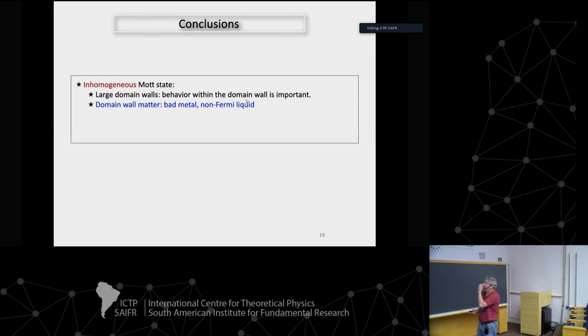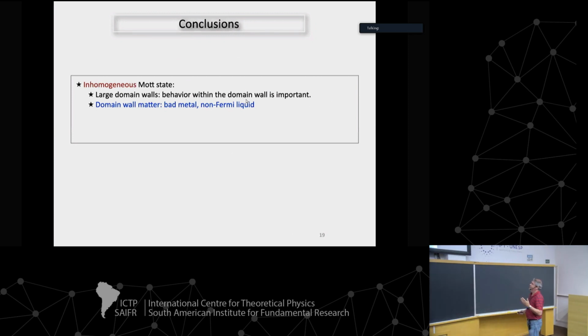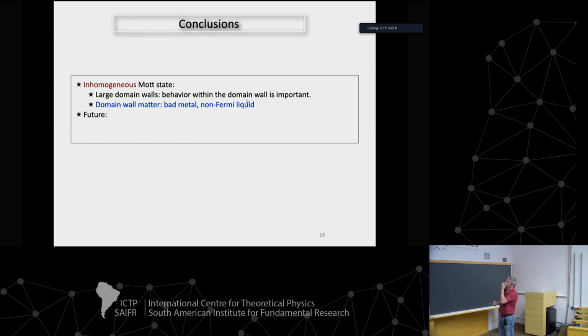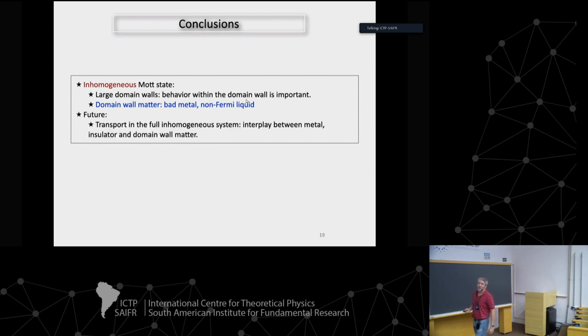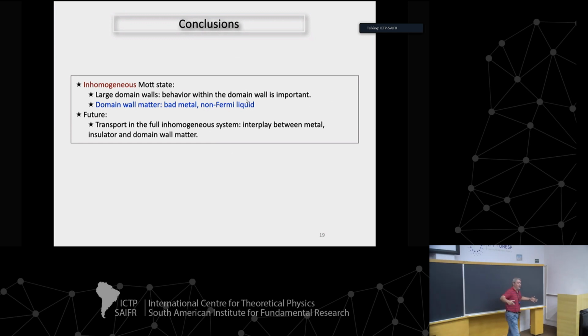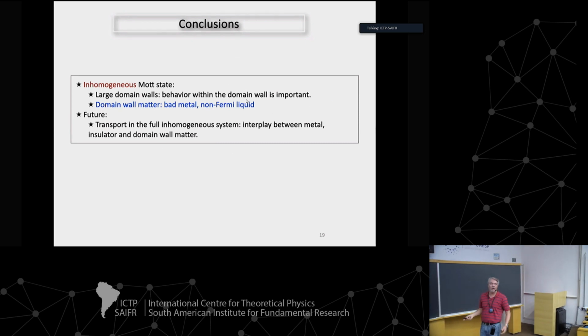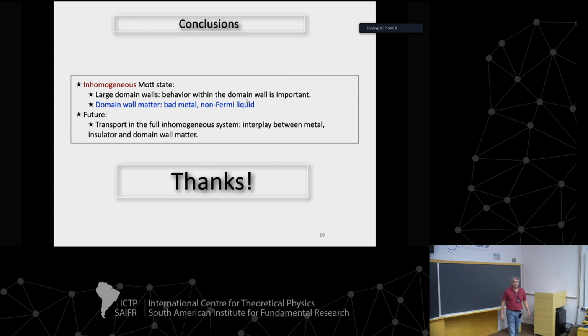What I tried to convince you is that in the domain wall, the system doesn't know whether it's a Mott insulator or a metal, and in that undecided state, it behaves as a bad metal and a non-Fermi liquid. As future directions, we haven't done that, but we would like to measure the full transport of the system, where we have metallic puddles, insulating puddles, and domain wall matter in between. So that's for the future, and with that, thank you very much.